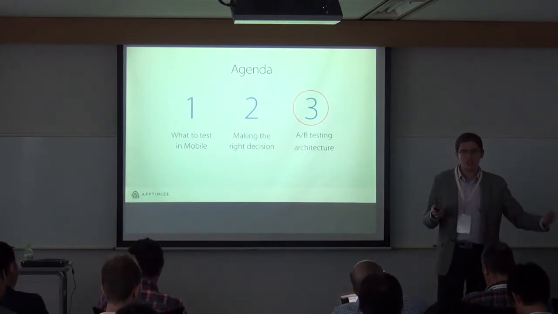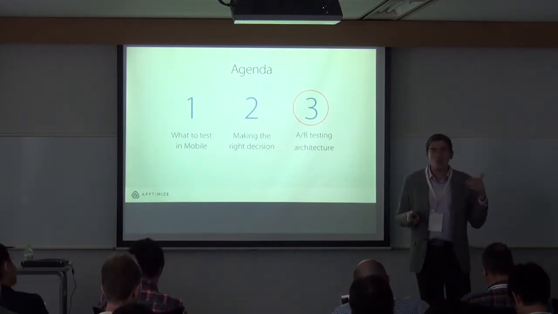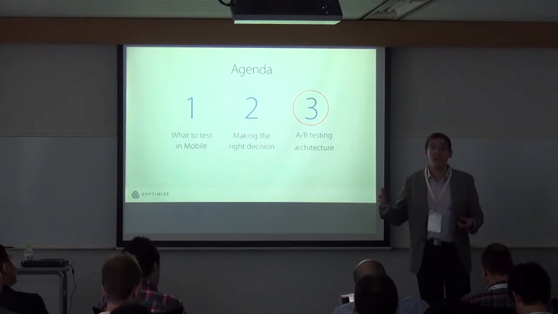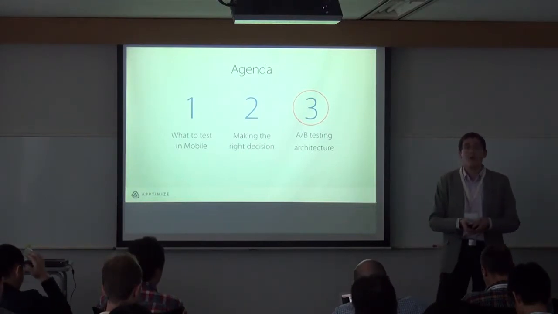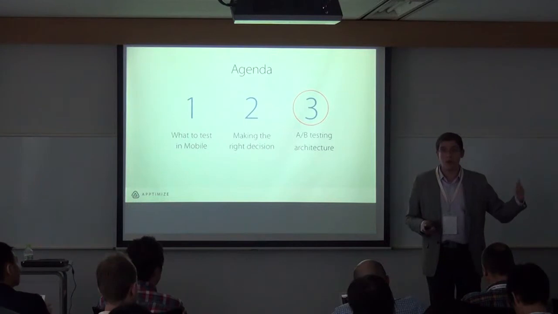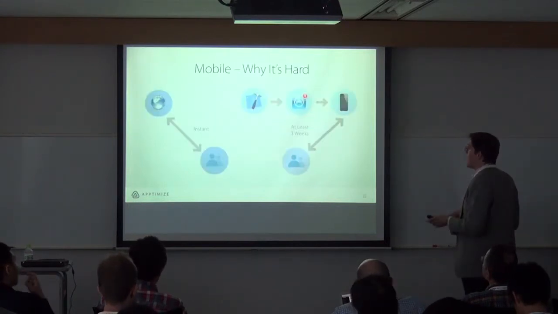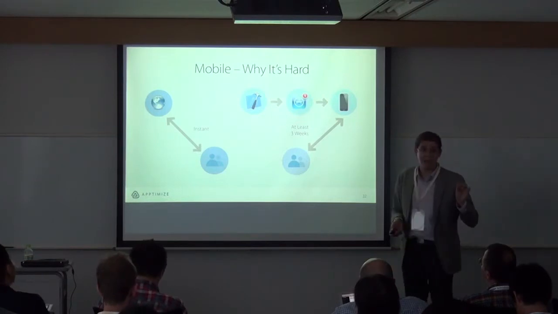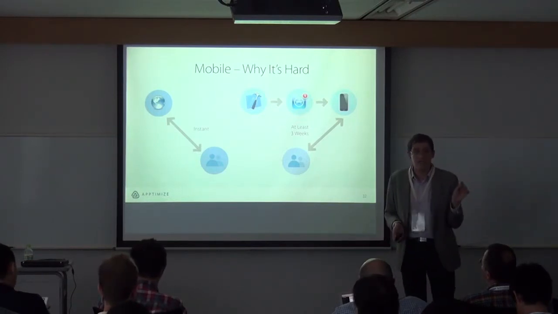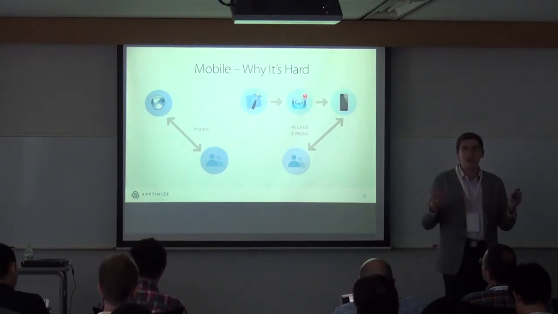There's a lot of different ways to do it, but first of all, let me tell you why mobile A/B testing is just coming to the game right now, whereas for web, we've really been thinking about it for a much longer time. The main difference between web and mobile A/B testing, and we're talking about native apps, right? We're not talking about web apps, we're talking about native apps, is that the architecture is entirely different.